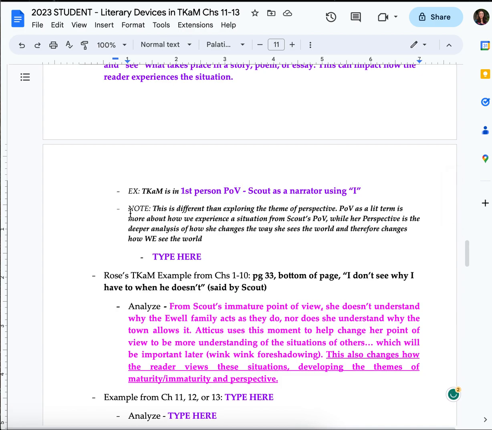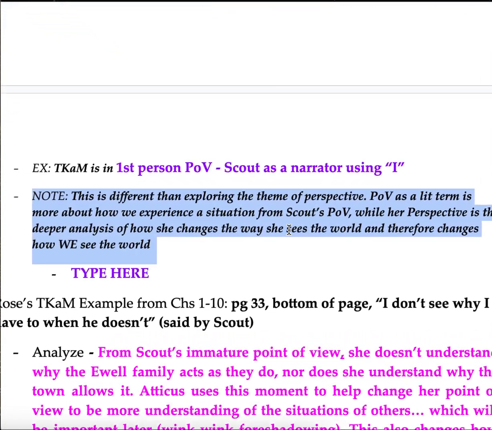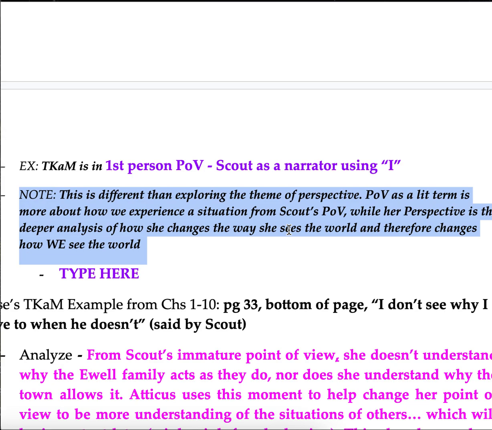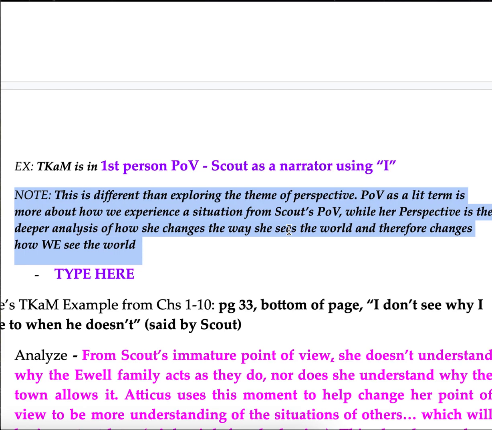So that's what my note here says. It says, this is different than exploring the theme of perspective. Point of view as a literary term is more about how we experience a situation from Scout's point of view, and her perspective is the deeper analysis of how she changes the way she sees the world, and therefore changes how we see the world.